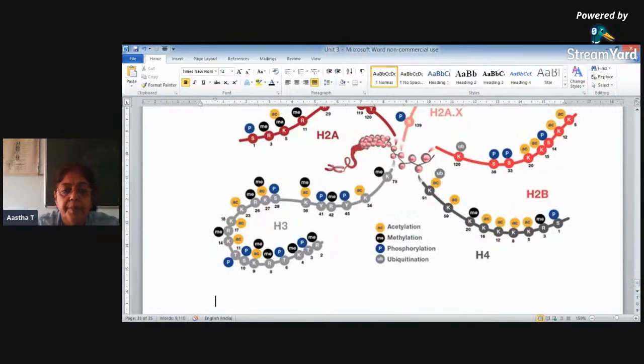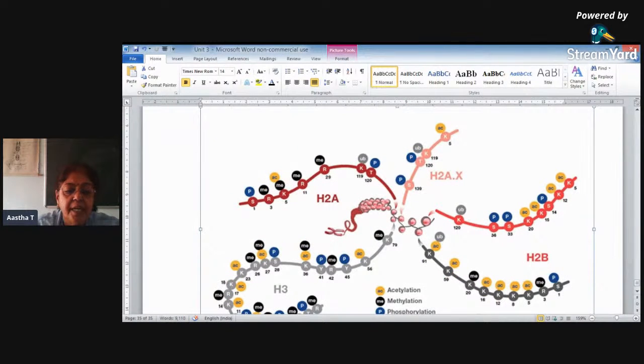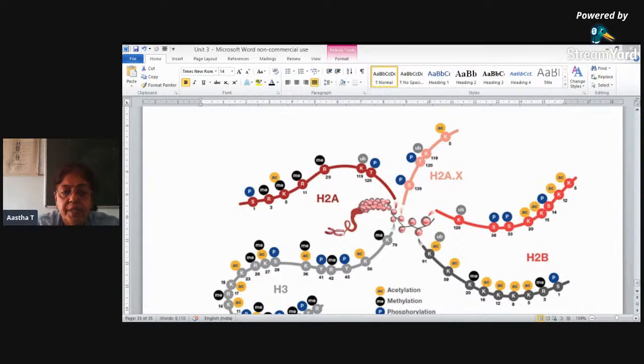You can see this diagram, it will give you the idea of various types of post-translational modifications which take place. So, P जिथे जिथे आहे, that is phosphorylation. नंतर ME जिथे आहे तिथे मिथिलेशन. ओके, वेगवेगळे टाईपचे आहेत.